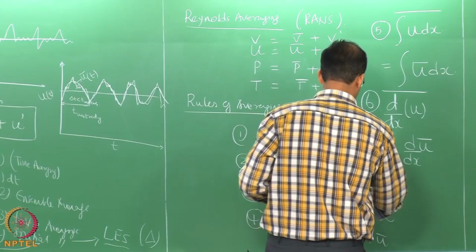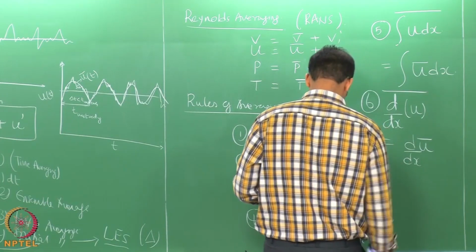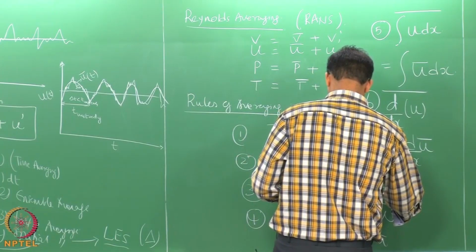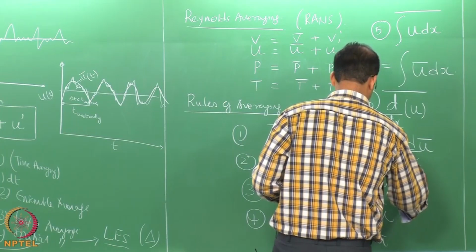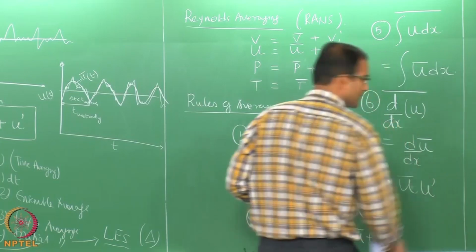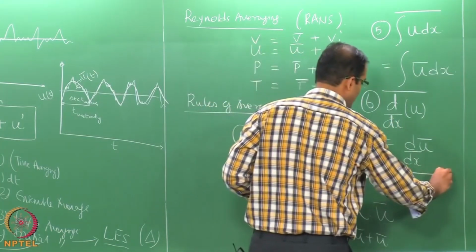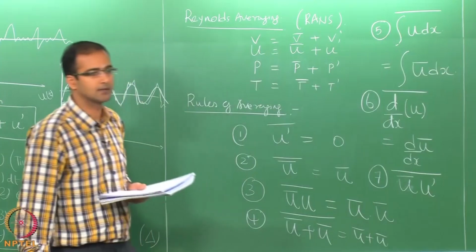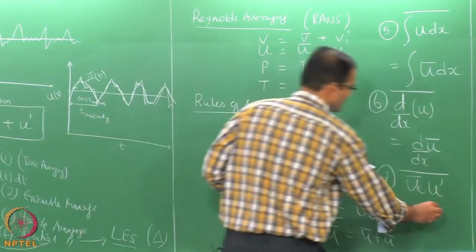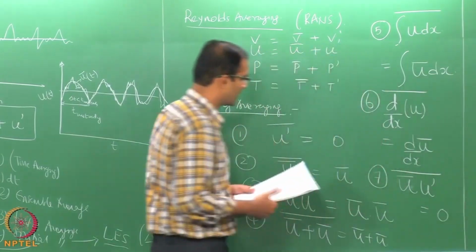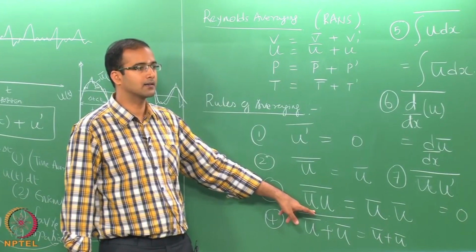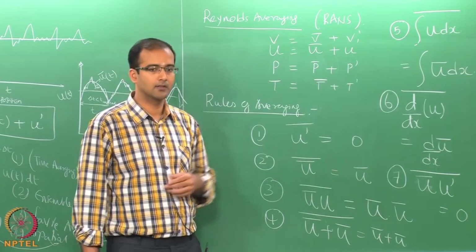Now, the other rule is an important rule. It says that if I take, for example, a product of the mean and the fluctuating component, and if I apply the averaging of this, what do you think will happen? 0, because this can be split, according to the product rule, as u bar into u prime bar, and since u prime bar is 0, this should be 0.